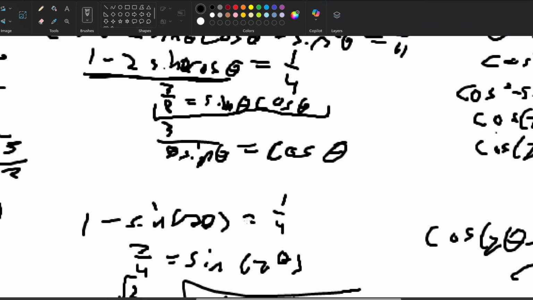Cosine and sine do not equal each other, because it'd be root 2 over 2 times root 2 over 2 equal to 1 half, which is not that. Yeah, I got nothing.